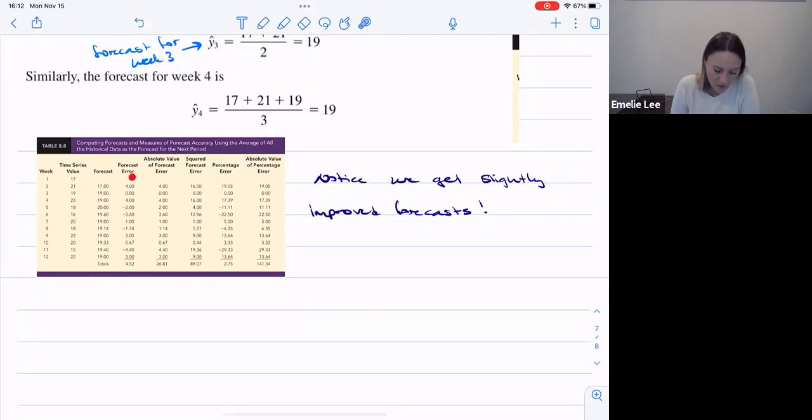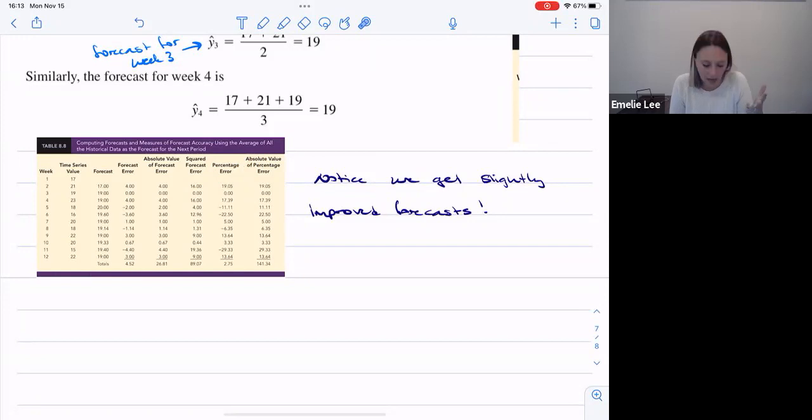We can still calculate those forecast errors. There's still going to be some negatives and some positives, so we need to deal with that. We can take the absolute value for the MAD, we can take the squared error for the MSE, or we can calculate the percentage of the error and take the absolute value of that for the MAPE. How we calculate those error measurements stays the same.